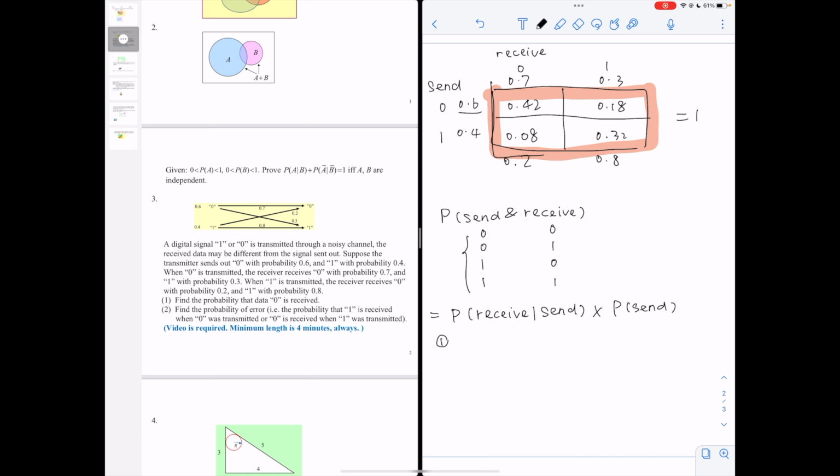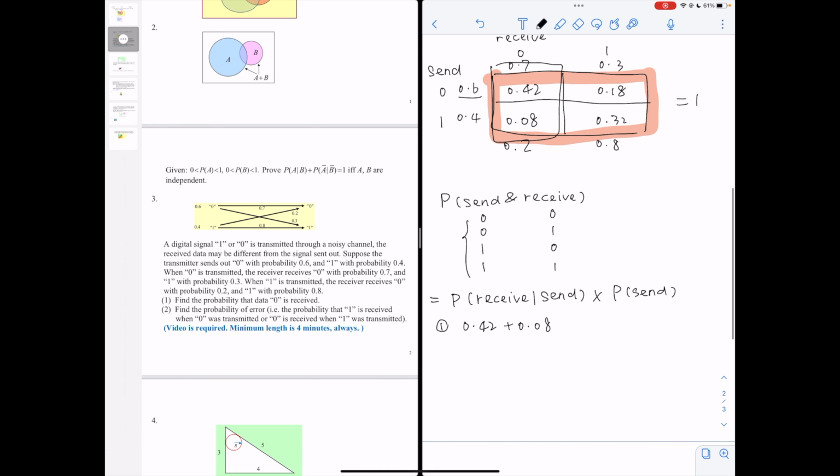And what we should look at is the left column here, and we'll have 0.42 plus 0.08, and that gives us 0.5. That is the probability of a data 0 being received, and that includes a 0 correctly received or falsely received.